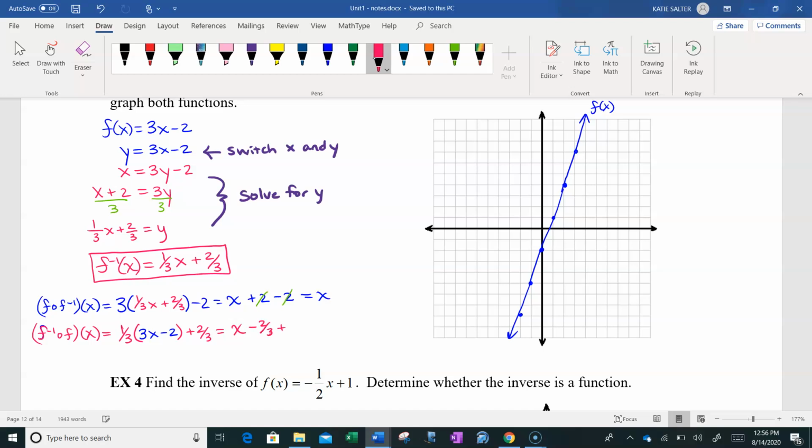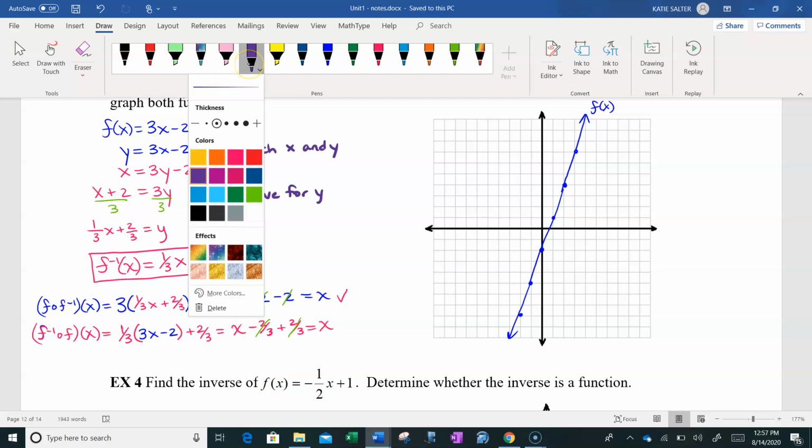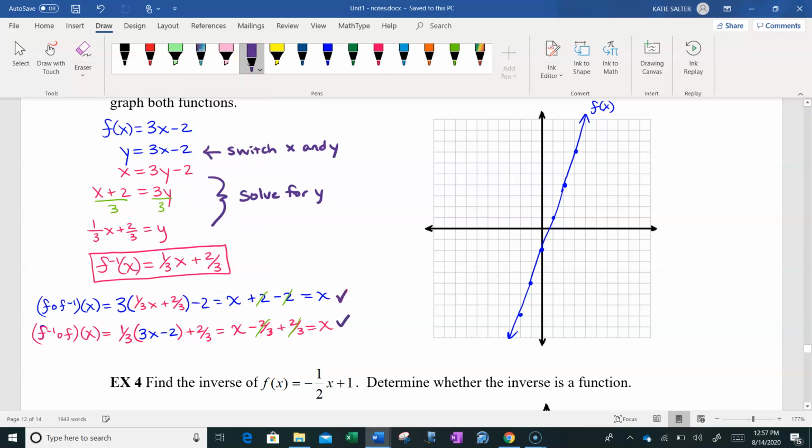And then we have that plus 2/3, and the negative 2/3 and the positive 2/3 cancel, and we get, in the end, x. So by doing that, we have proved that f and the inverse of f are truly inverse functions using the definition of functions. All right, now we're going to look at it graphically.